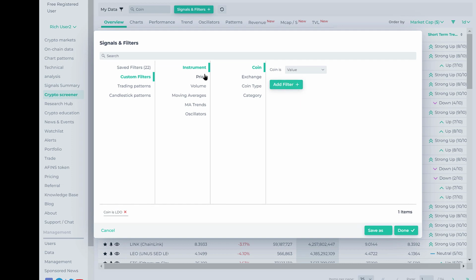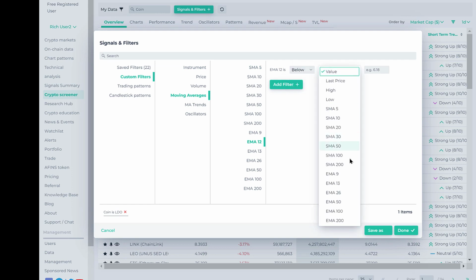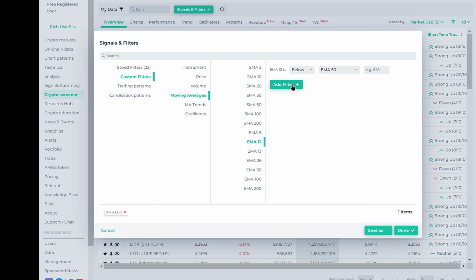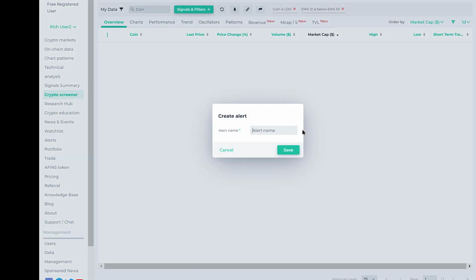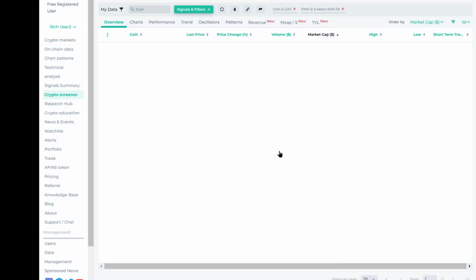Okay, and I want to be alerted when the EMA 12 crosses below EMA 50. Add that filter and done, and then click on alert. Lido EMA 12. So that's another alert that will alert me when to sell this coin and get out of my position.